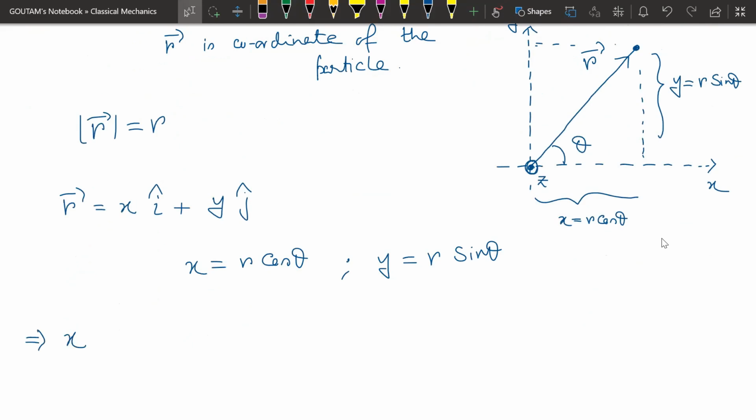If the particle is moving with time, then both r and theta are changing.